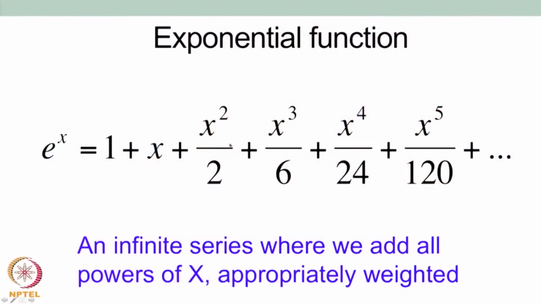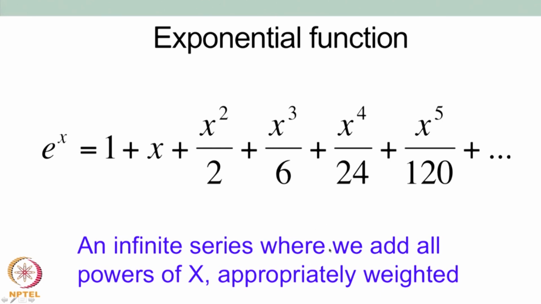Let me repeat. e power x can be written as 1 plus x plus x square by 2 plus x cube by 6 plus x power 4 by 24 plus x power 5 by 120 plus an infinite series.